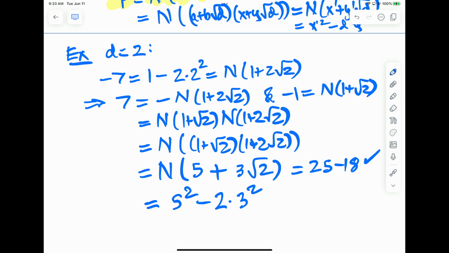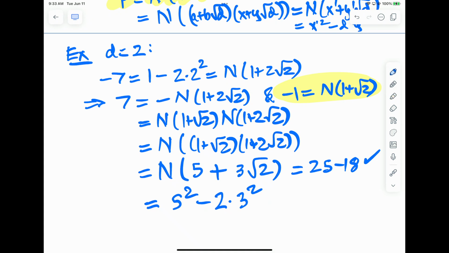So from writing negative 7 as an x squared minus 2y squared, because minus 1, this is the crucial thing, when minus 1 is a norm from Z root d, you can absorb the minus sign into the norm, and so you can actually replace the plus or minus p with just p alone. All right, so that kind of explains situations where you can do that.